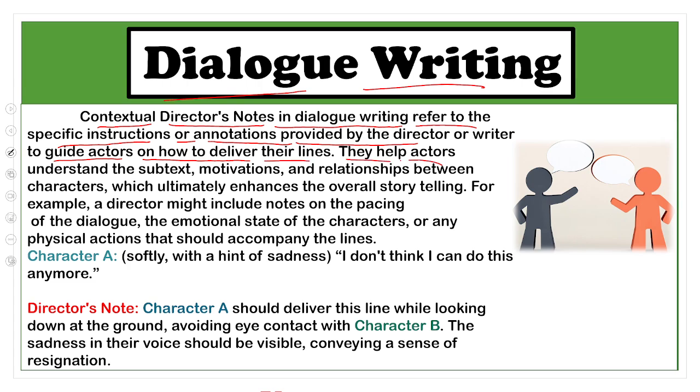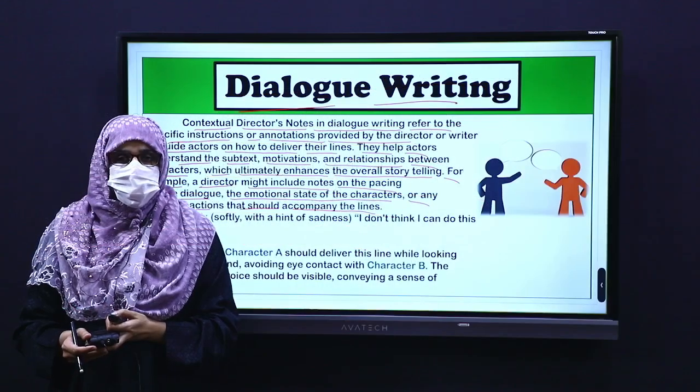They help actors understand the subtext, motivations, and relationships between characters, which ultimately enhances the overall storytelling. For example, a director might include notes on the pacing of the dialogue, the emotional state of the characters, or any physical actions that should accompany the lines. So, what is meant by director's notes?